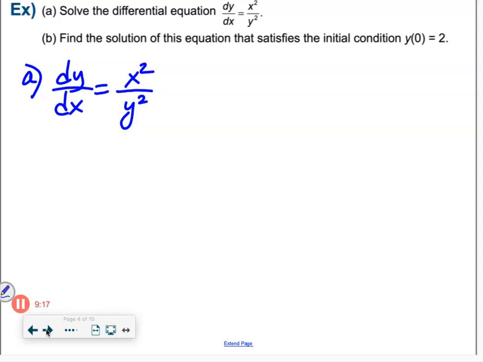In your groups, take 10 seconds and separate the variables and check and make sure you all agree. Go. Get the x's on one side, get the y's on the other side. Don't go ahead. I hear someone going ahead. You don't have to erase, but don't go ahead.